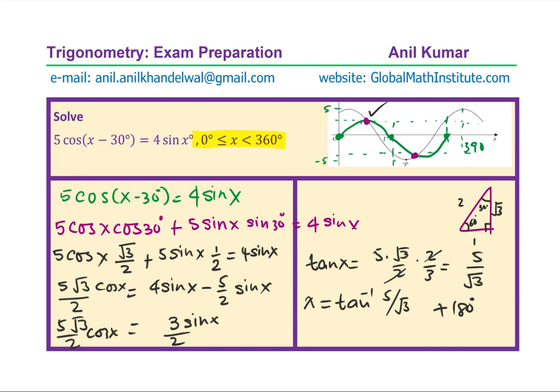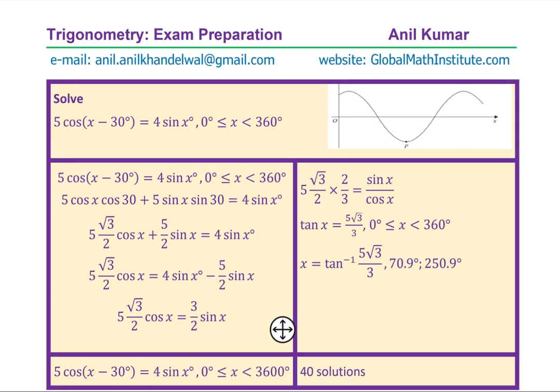Perfect. So the calculations have been done for you right there. The question being 5 cos(x − 30) equals 4 sin x. We need to find the solution from 0 to 360 degrees.